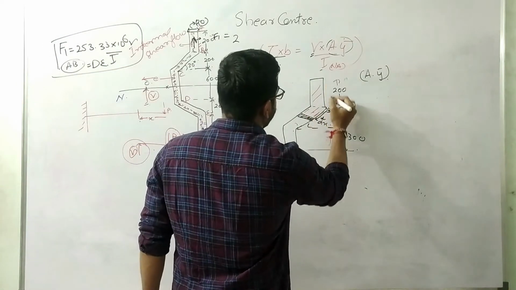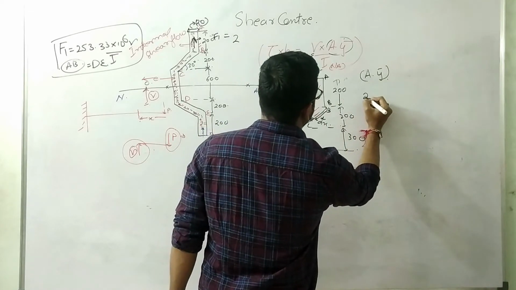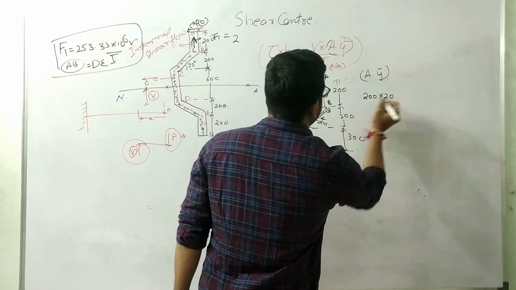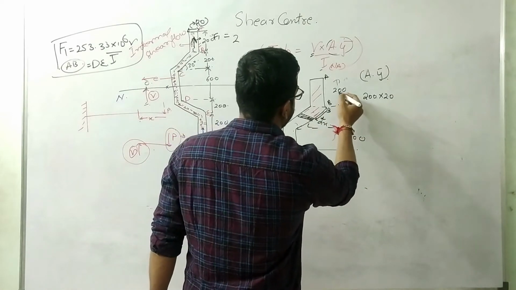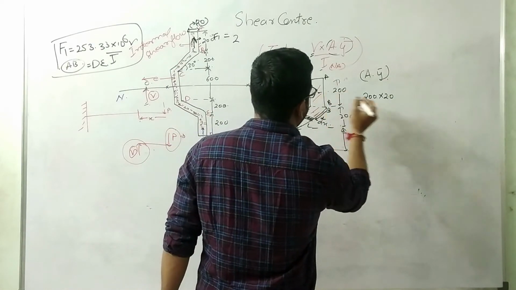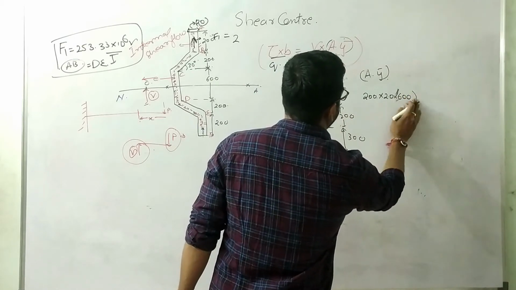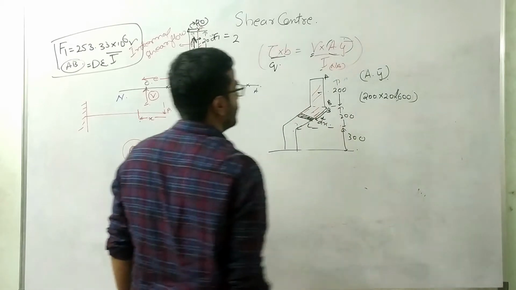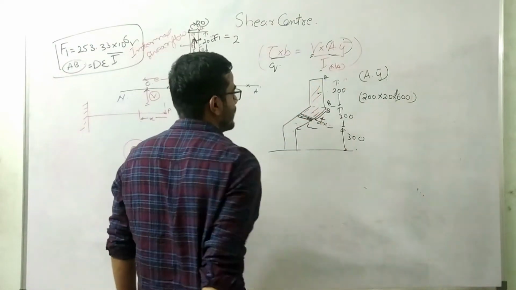First I am taking this AB segment. The AB area will be nothing but 200 into 20, and the centroid will be 500, acting at the center, so 500 into 600. This is AY bar for the AB segment.